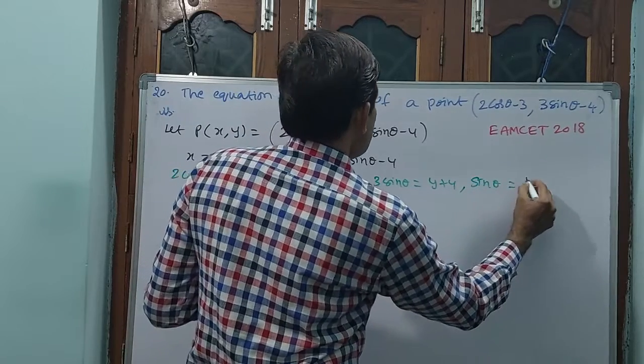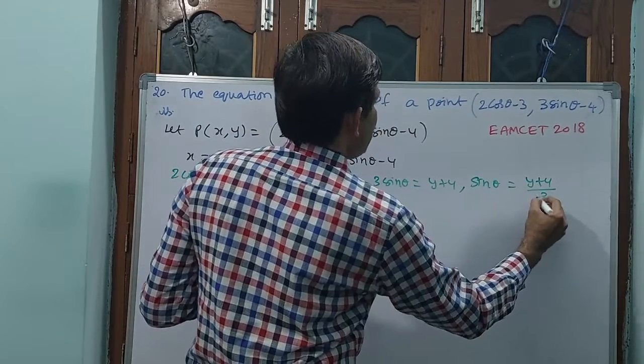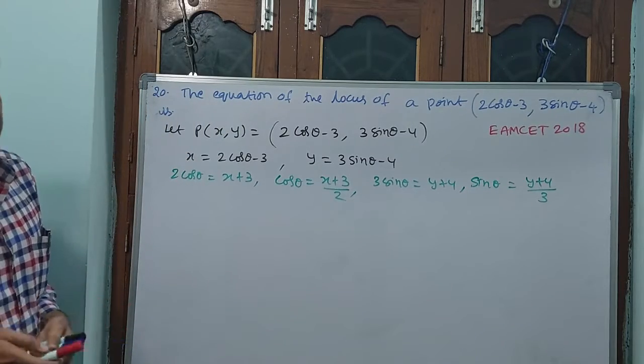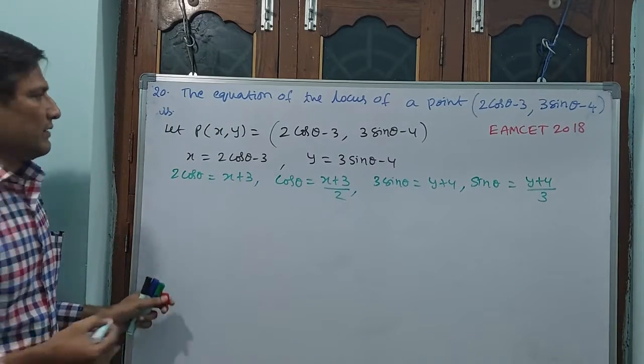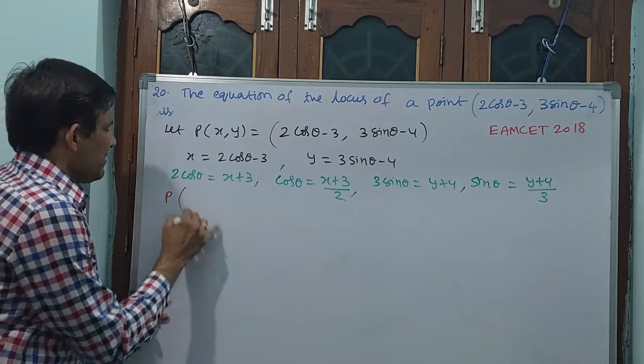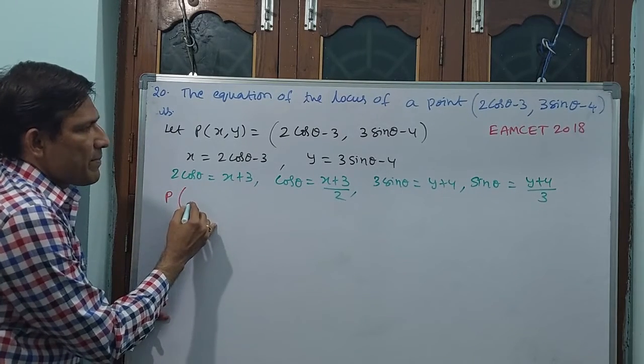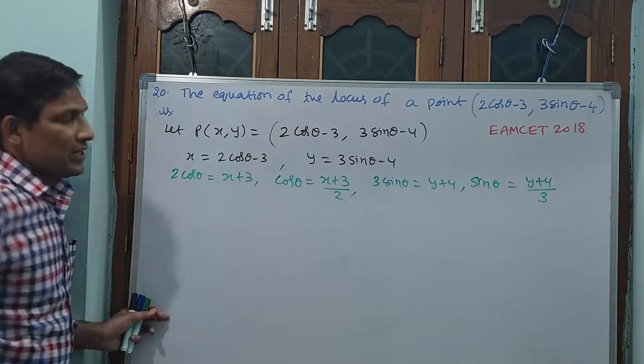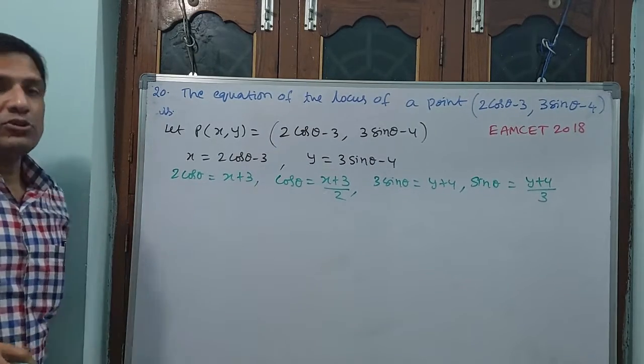Sin theta is equal to (y plus 4) by 3. Now sin theta, cos theta values have come. Point P is this only.